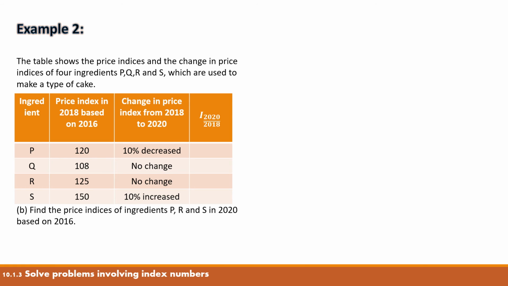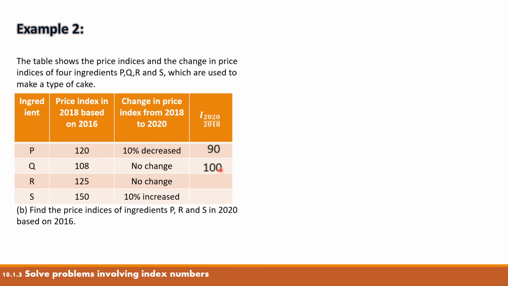Part B is to find the price indices of ingredients P, R, and S in 2020 based on 2016. You can see in the columns here there's a price index 2018 based on 2016, and the third column is the change in price index from 2018 to 2020, which means from the third column, we can get the price index for 2020 based on 2018. So for ingredient P, when it decreased by 10%, I will have my price index for P, which is 90.